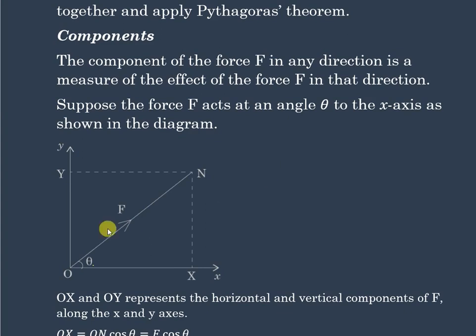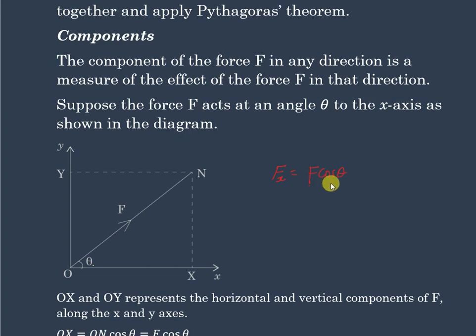So if I'm resolving F along the horizontal, I first of all ask myself, what is the angle between the line of action of F and the horizontal? I say that the angle is theta. Then I just say that the component along the horizontal is equal to F times the cosine of theta.